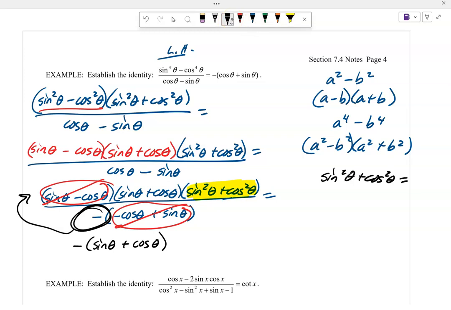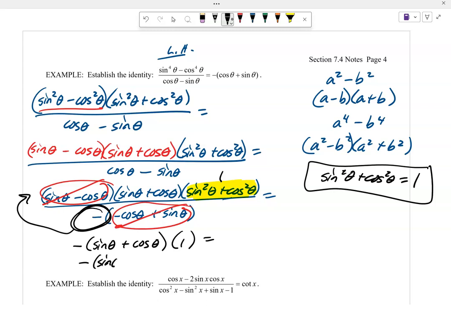Hopefully if you haven't memorized it yet, you get that cemented in your brain that the sine squared plus the cosine squared is 1. That's 1. And so we have negative sine plus cosine. I'm going to write it cosine plus sine so it matches the other side. Equals negative cosine plus sine. See how they're the same? So we worked the left-hand side down until we showed that they were the same.